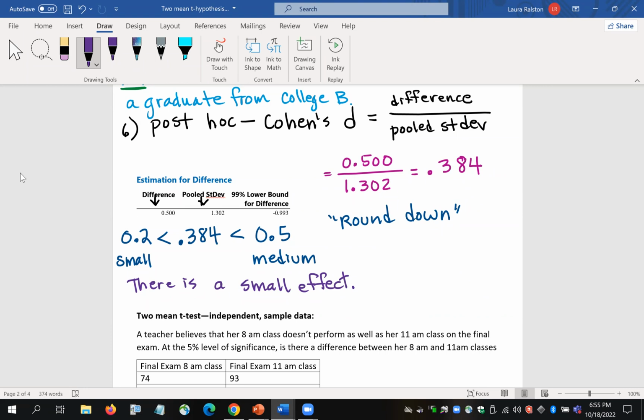So you calculate your Cohen's d, see where it falls, and we round down. And anytime you do an independent t-test, you need to calculate Cohen's d.